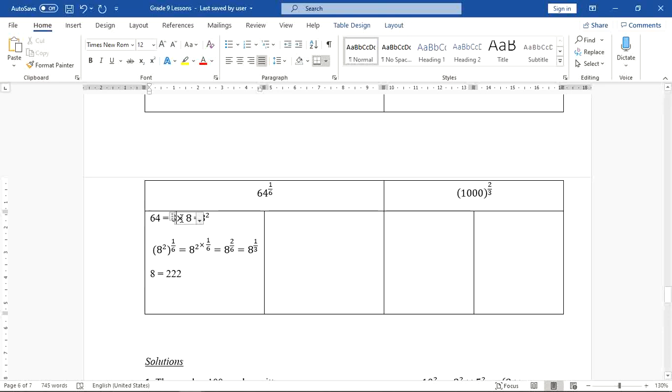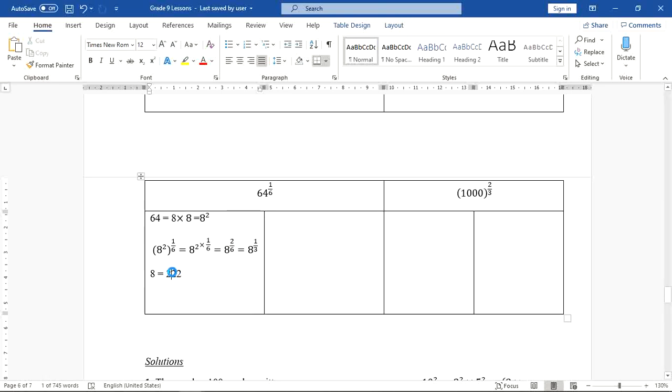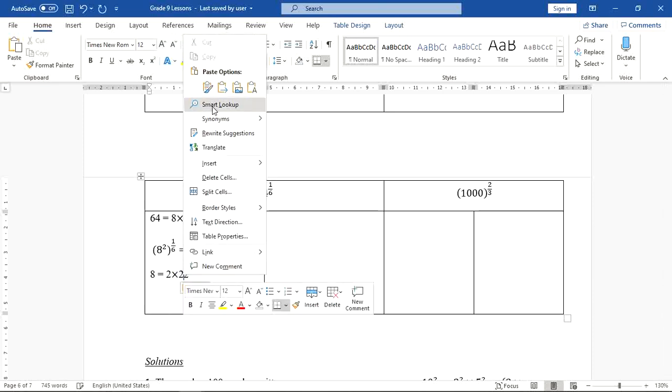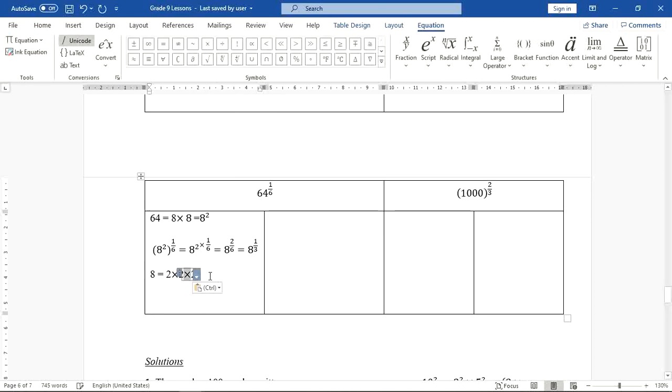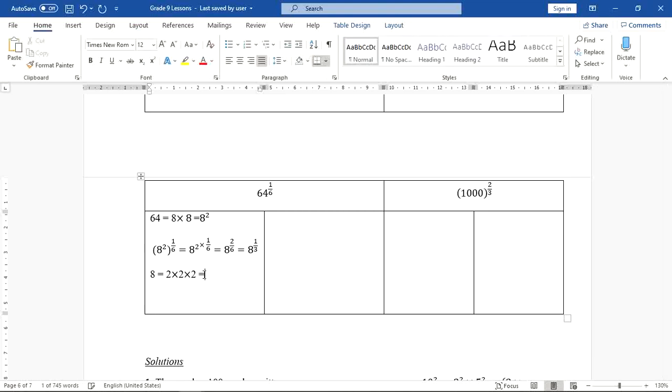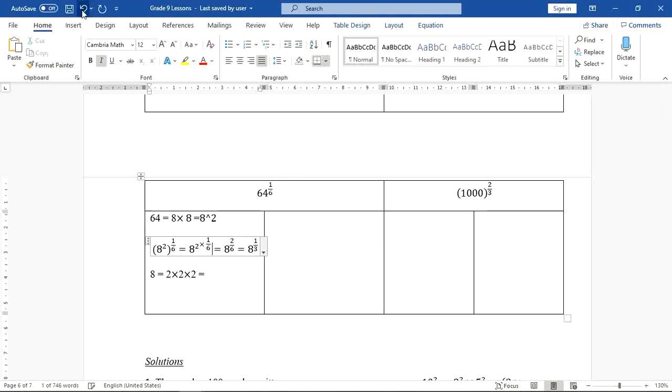I just need to put a multiplication sign between the 3 numbers, or the 3 twos. So 8 is 2 times 2 times 2, which can be written as 2 exponent 3.